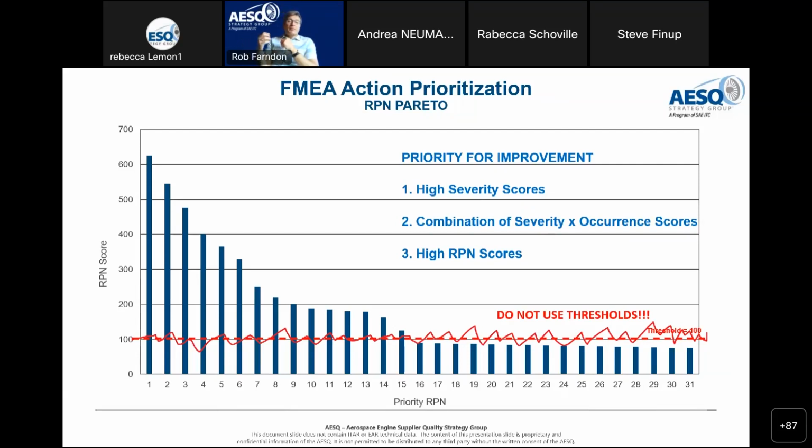The reason you do that is that you want to prioritize the things that stop an error from occurring, and the earlier you stop an error from occurring, the better. If you can nip it in the bud before you've frozen the design, that's much better. So look for the high severity times occurrence score before you even think about RPNs.